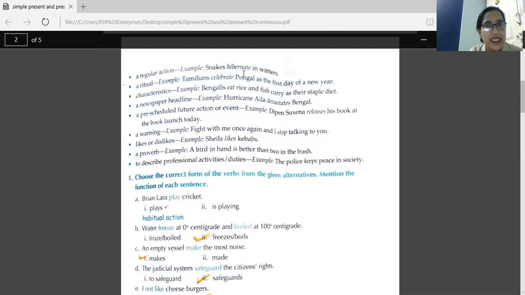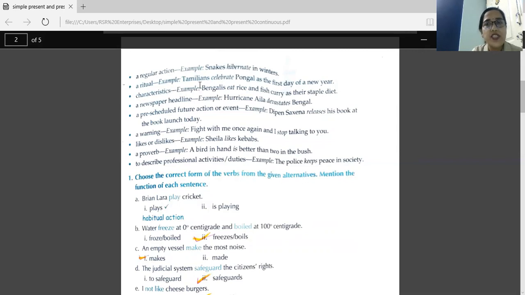So hibernate is the verb here, and this is the first form of verb. Snakes is plural. So here we are not adding s with hibernate. We have hibernate only. So with a plural subject, you have to write the word without s or es. So snakes hibernate in winters.